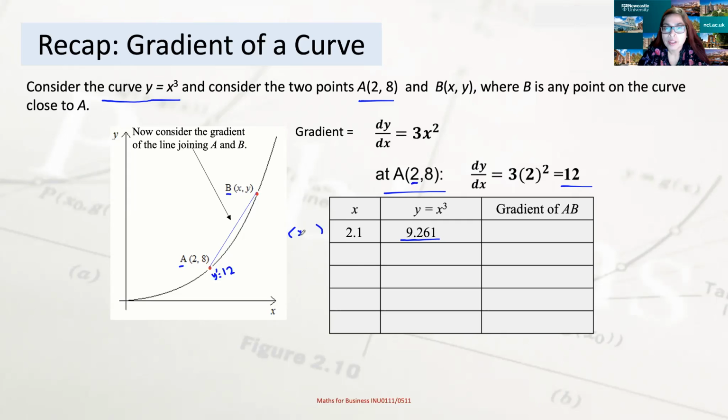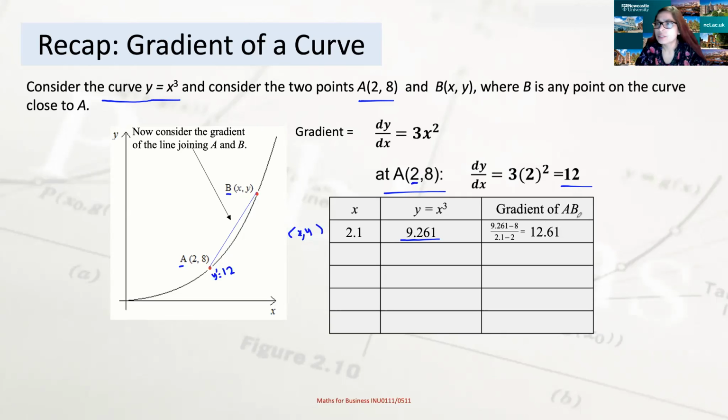We're going to change the value of x such that x is getting closer and closer to A, that is 2. That is, the point B is getting closer and closer to A. Now x is 2.1. When x is 2.1, y is 9.261. And the gradient, substitute it here, and the gradient will be 12.61.